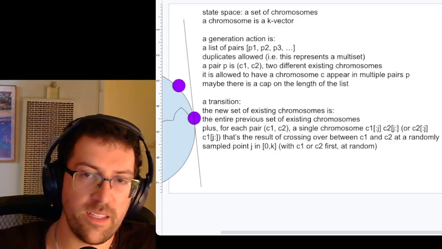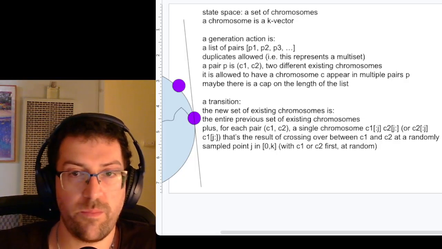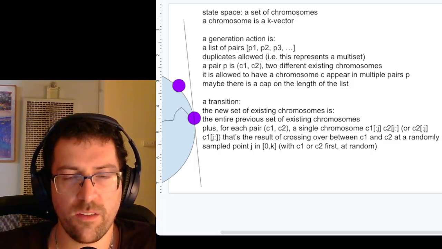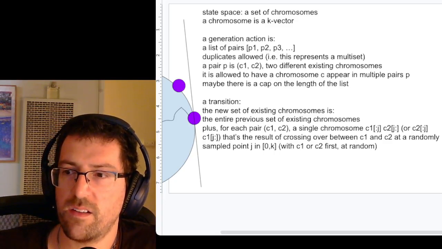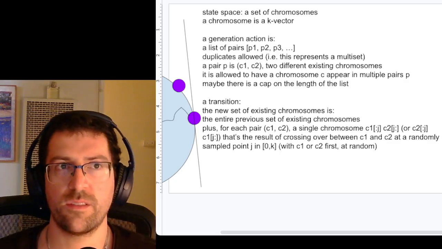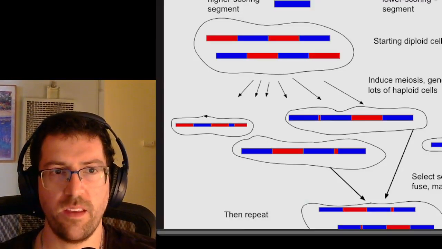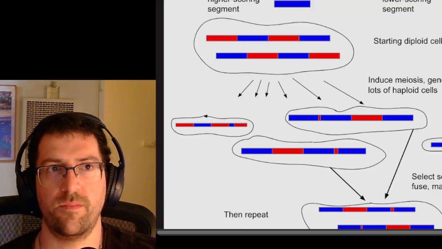How many crossovers there are is different for different chromosome numbers. The positions of the crossovers can vary.